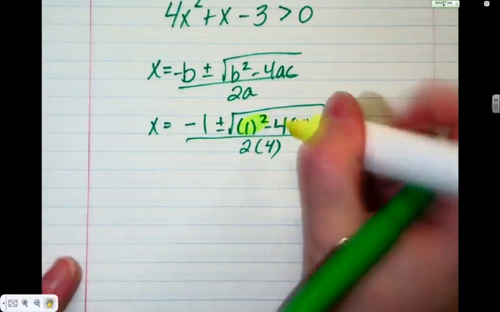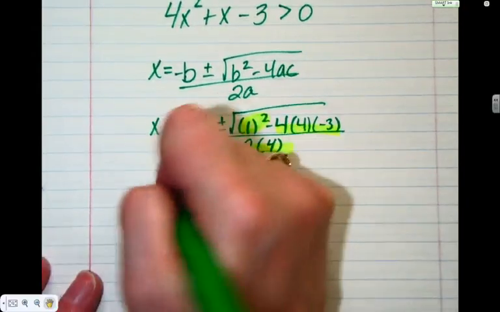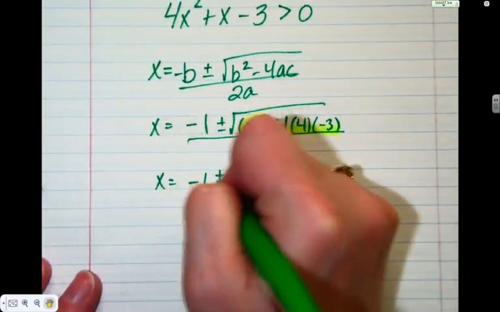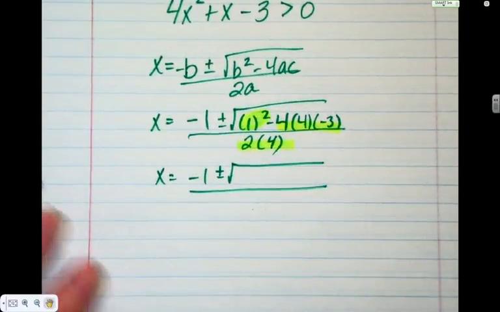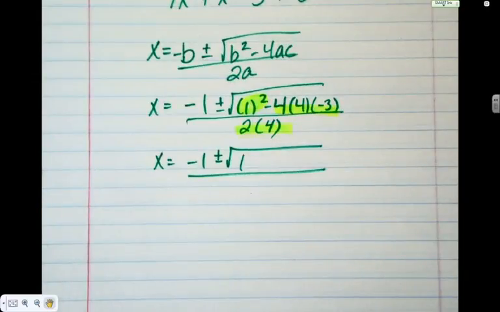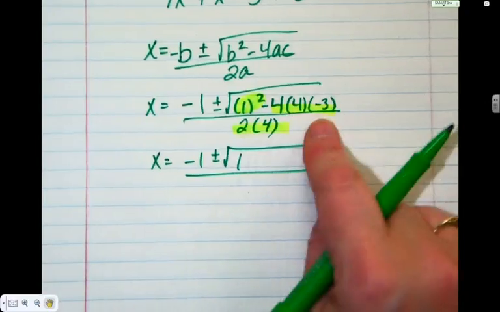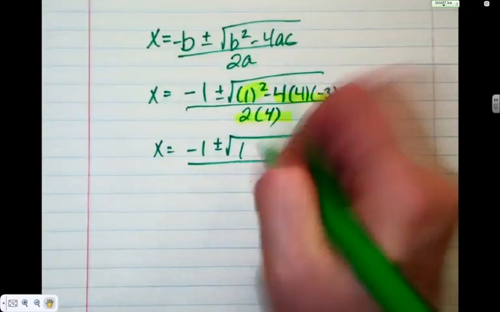So I tend to do that and the multiplication on the bottom all in one step. One squared. 4 times 4 times 3. So again, don't feel you have to do it in order, whatever jumps out first. I see 4 times 3 because I know that's 12. And then I do 12 times 4. 48.